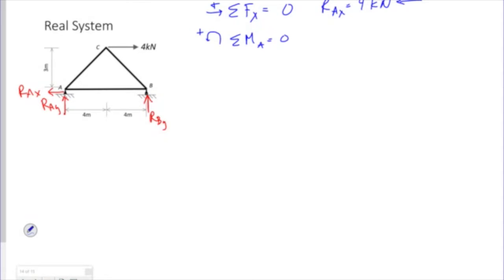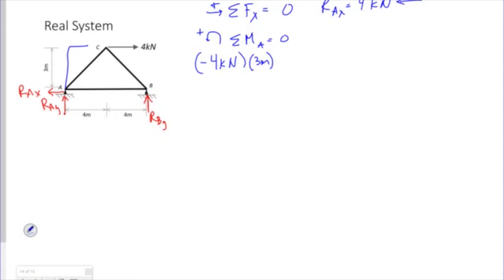I've got 4 kilonewtons acting at 3 meters, counterclockwise, I mean clockwise, so it's negative.